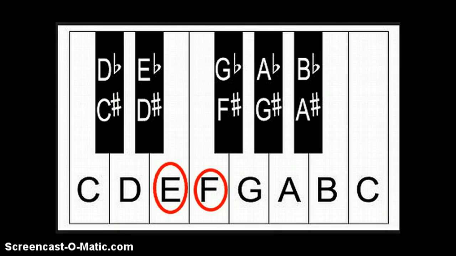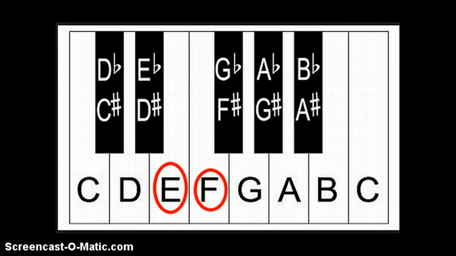Now, I circled the note E and F, and some people might think that this is called a whole step, which we're going to talk more about in a second. But this still is a half step. Why? Because, once again, there is no note in between E and F. They are touching one another, and because there's nothing coming in between them, it is still a half step.